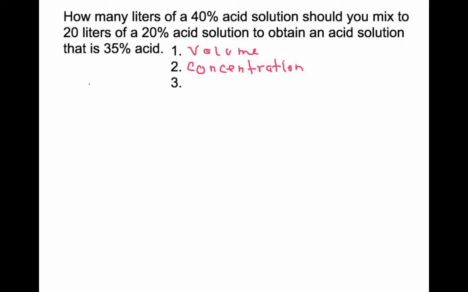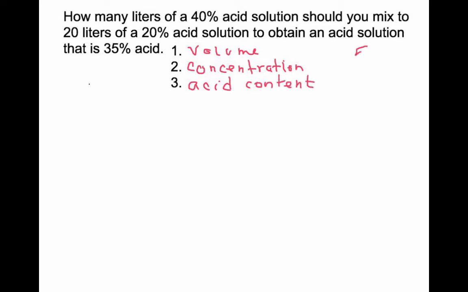Now, when we consider the volume of that solution, the amount, and the concentration, when we put those together and we multiply those, what we're going to actually get in this problem is the acid content. So, for example, I'm just going to write over here.